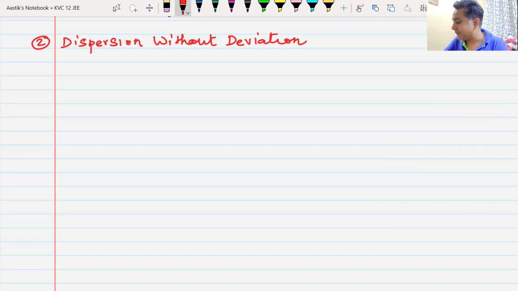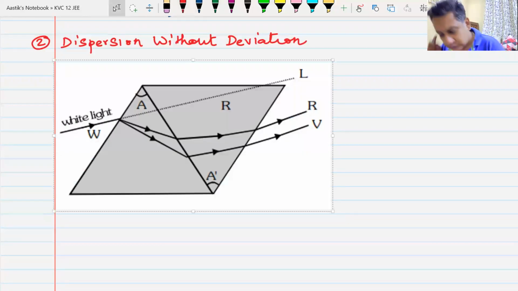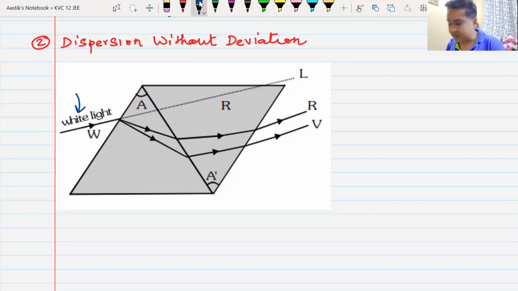Now this is again a representative diagram that gives the point. Here on the left hand side you see white light. White light is getting dispersed. Again it is getting dispersed, but at the end we don't get a white light, we get red and violet.